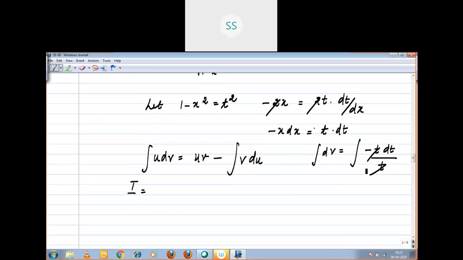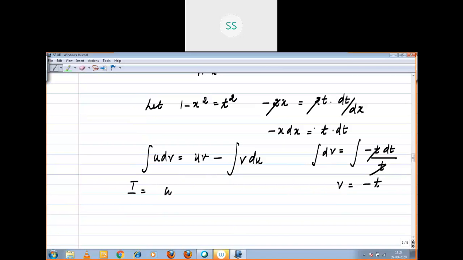Then I substitute. Then what can I get here? V equal to minus t. Now you can apply here. Integral uv. What is your u, children?